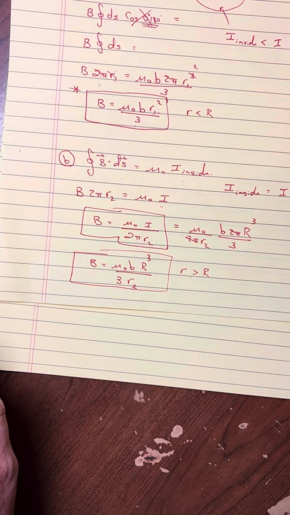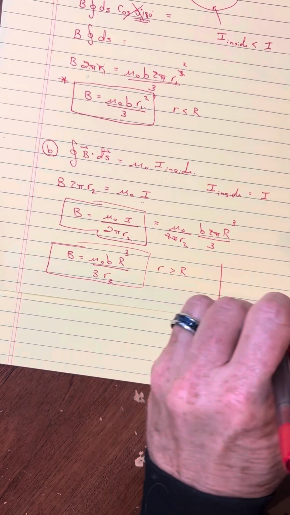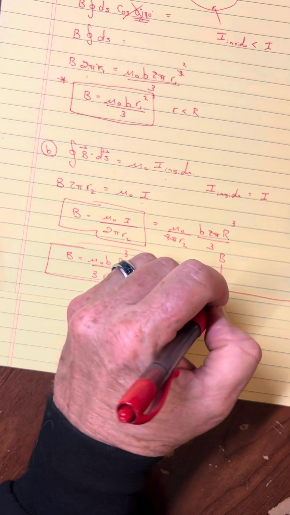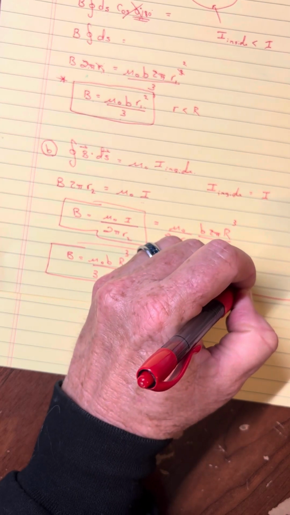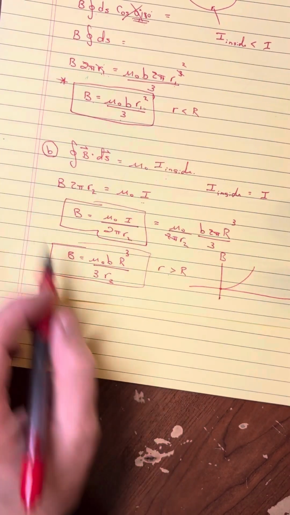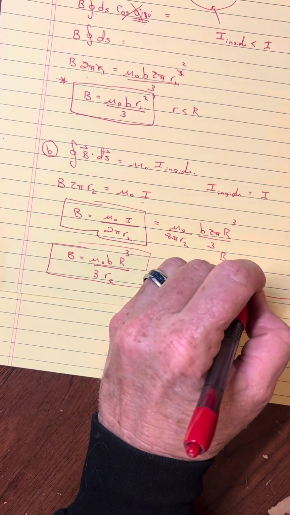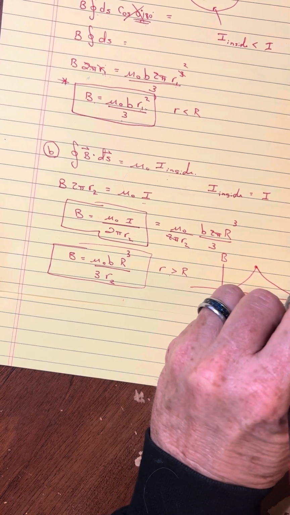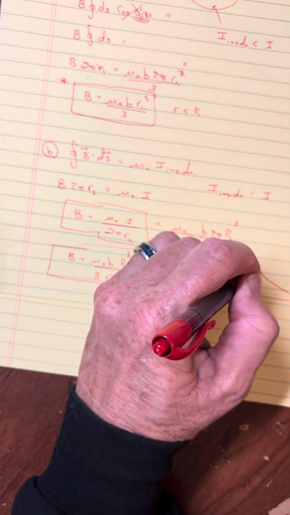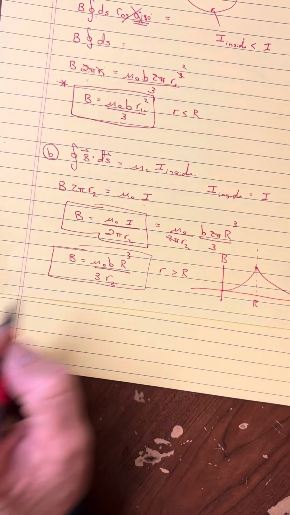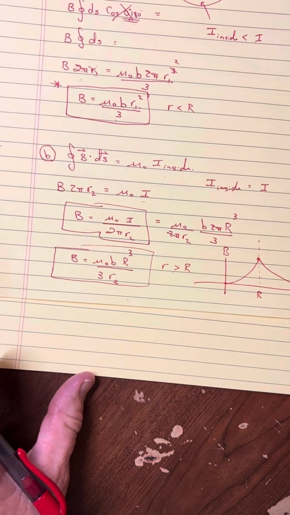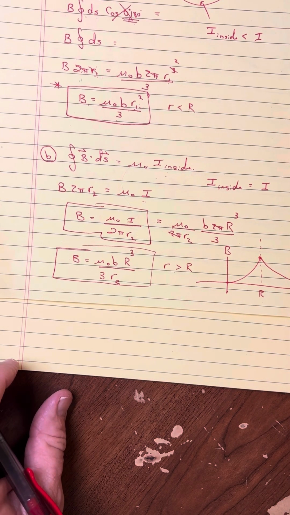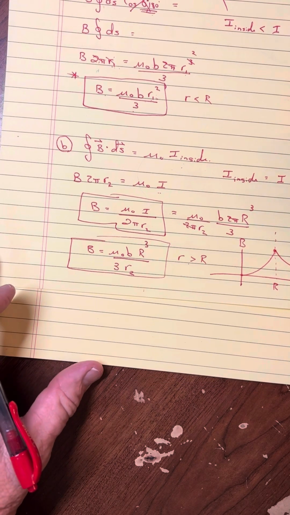So the magnetic field, if I was making a graph versus r, on the inside would be quadratic, something like that. And then here it'd be inverse on the outside, with, again, the peak magnetic field happening on the surface of the wire, which is an important part of our superconductor activities.